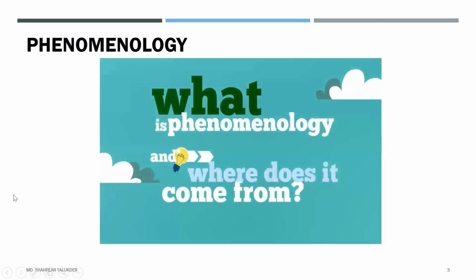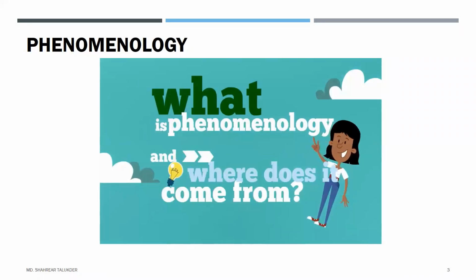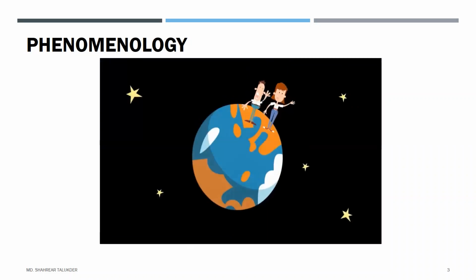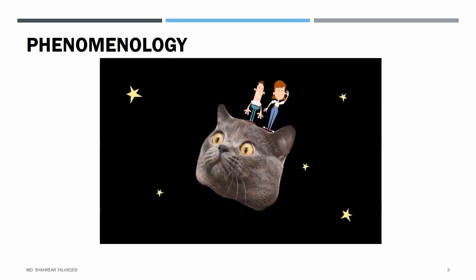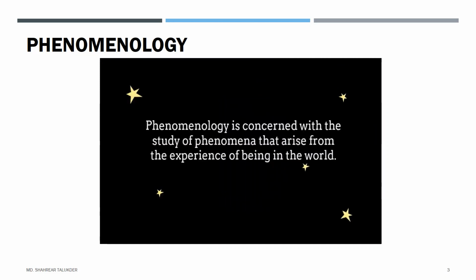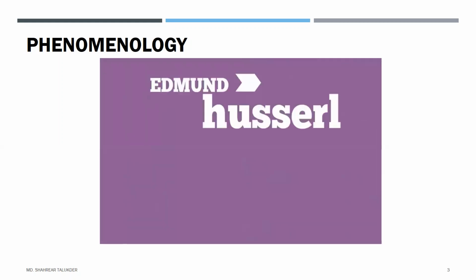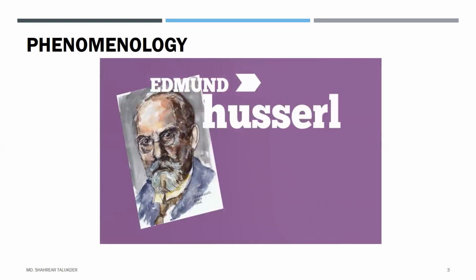Welcome to an explainer on phenomenology. At its most basic, phenomenology is the study of lived experience. As its name suggests, phenomenology is concerned with the study of phenomena that arise from the experience of being in the world. The development of modern phenomenology, established by Edmund Husserl in the early 20th century, was a break from the Cartesian system that pitched stark distinctions between the outer, real reality and the individual experience of reality.